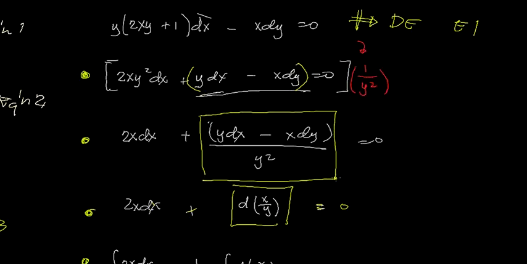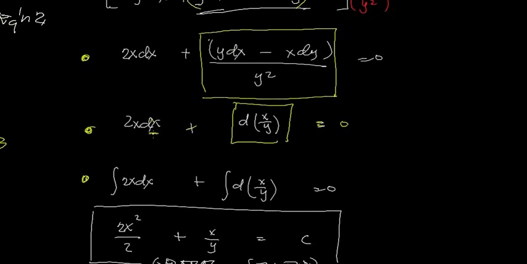By doing that, we've come up with this exact differential, the derivative of x over y, and then we have the 2x dx. Fortunately, we now have terms that are both integrable. 2x dx is purely a function of x alone, so that is integrable, and by integrating, we've come up with this.